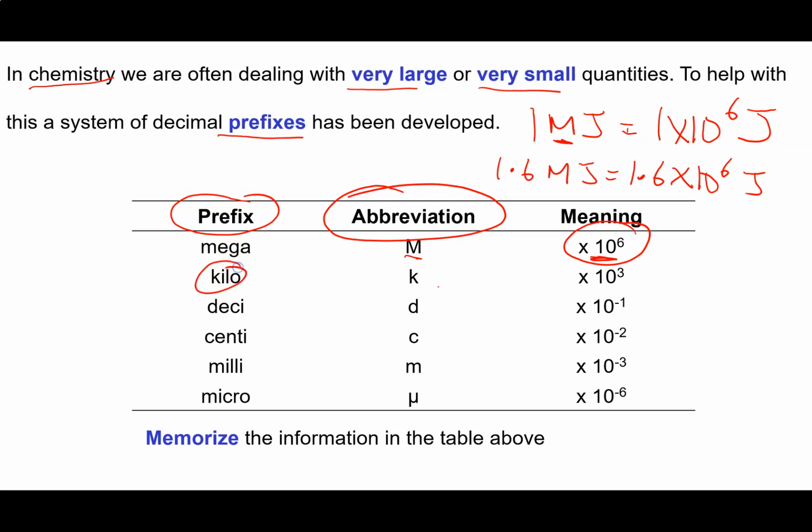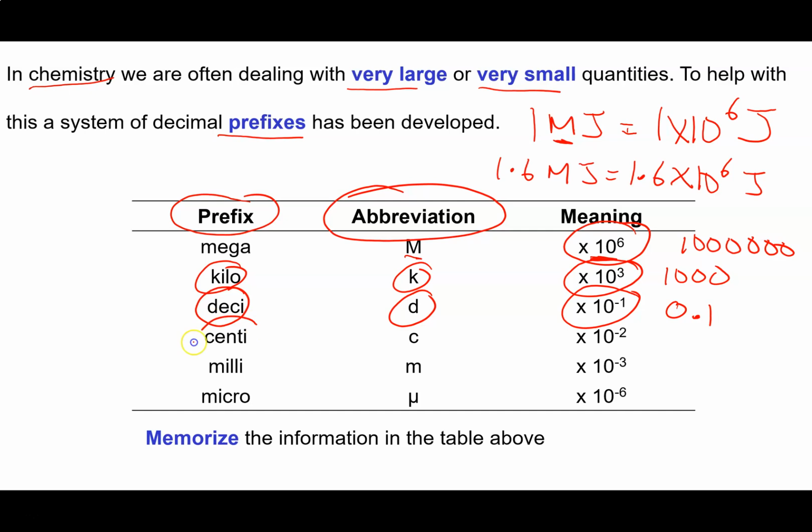So we have kilo, which is a lowercase k, and that means multiply by 10 to the 3. We have deci, which is a lowercase d, and that means multiplied by 10 to the minus 1, or you could think of that as 0.1, because like this you could think of as 1,000, this you could think of as a million. Centi means multiply by 10 to the minus 2, and the abbreviation there is a lowercase c. 10 to the minus 2 is the same as 0.01.